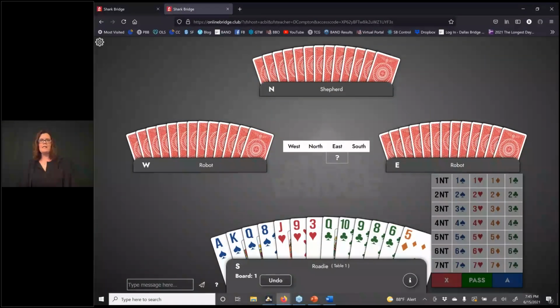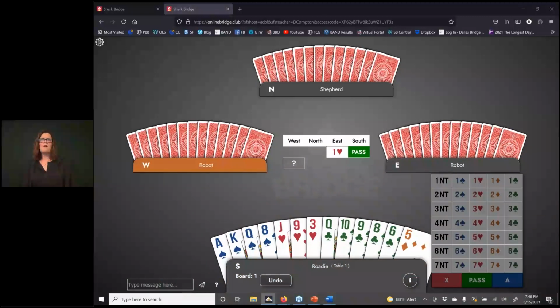All right, so let's take a look at hand number 1, and here's our auction. Listen carefully. You're sitting in South's chair, and you're listening to the auction. East opens up 1 heart. South passes. West bids 2 no trump, which is Jacoby 2 no. West is showing 4 or more trump with an opening hand, interest in perhaps slam in hearts, and wants East, the opening bidder, to further describe their hand.